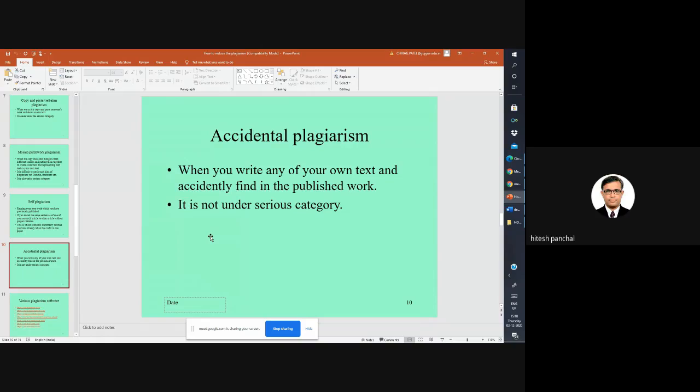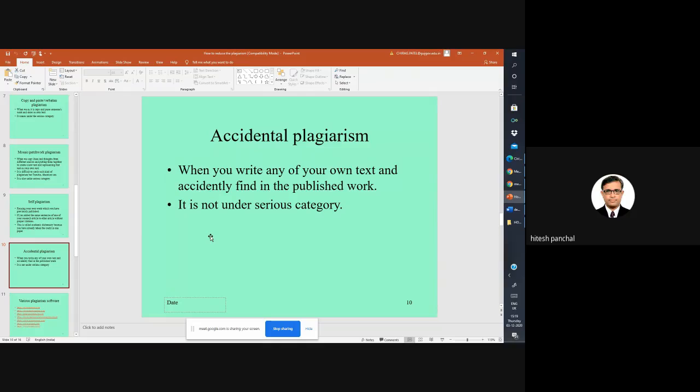If you want to reduce or remove accidental plagiarism, you can rewrite the sentence, because you have already used your own sentences. So it is very easy to rewrite the sentence. But if you go for a paraphrase, definitely you will be in trouble, because sometimes your whole sentence will be changed.